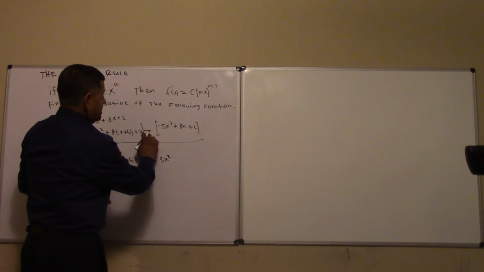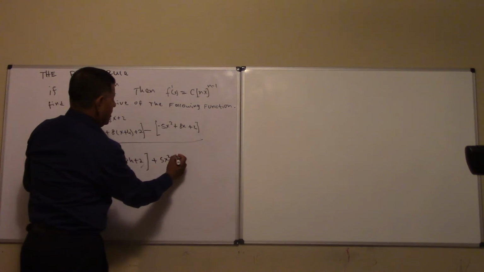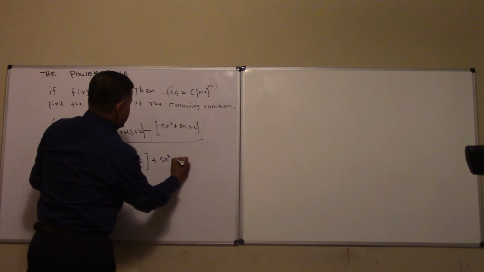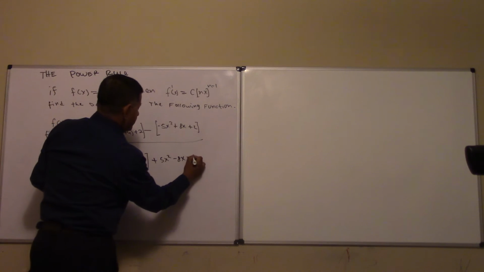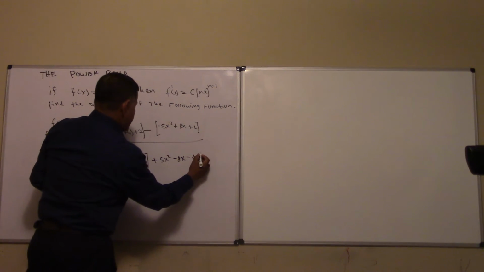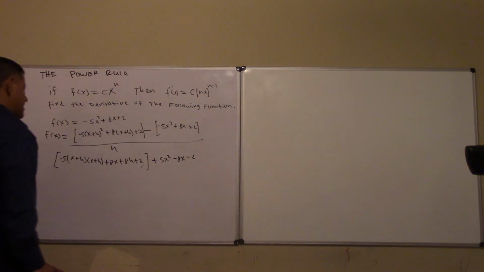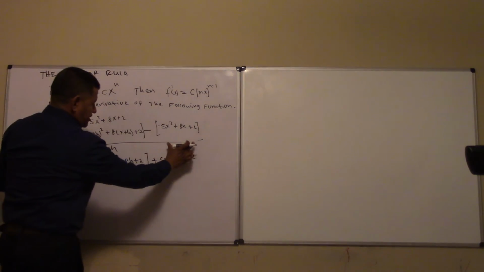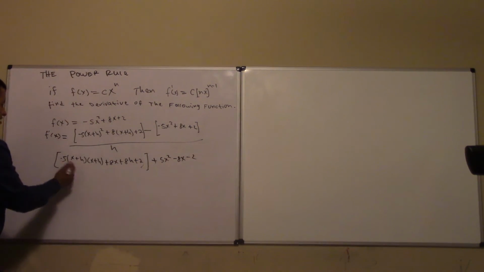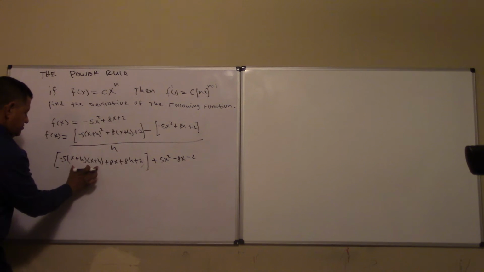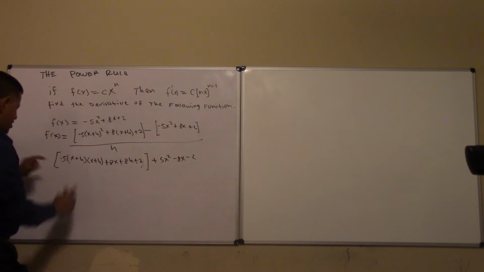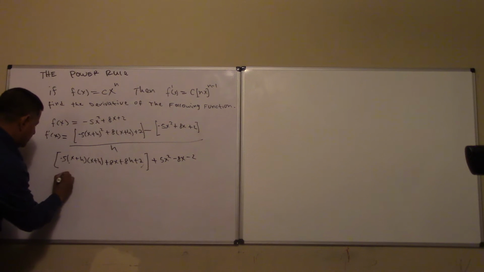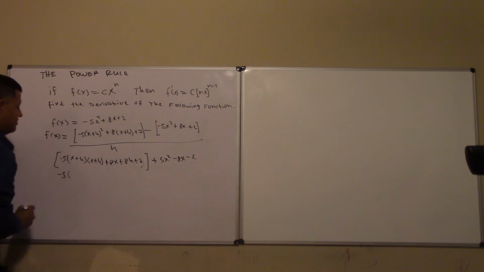Then this negative distributed is equal to minus 8x, and that is minus 2. Now that part is taken care of. Now what I'm going to do is distribute this set of parentheses, the square that I brought in here. So I'm going to do that, and that becomes what?